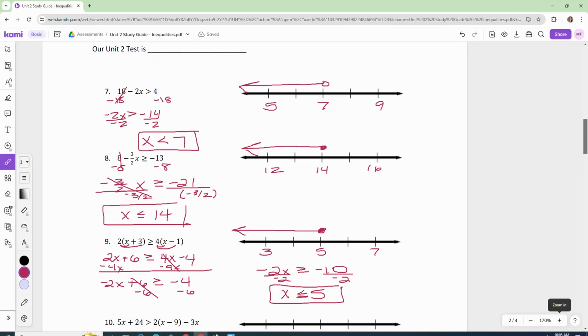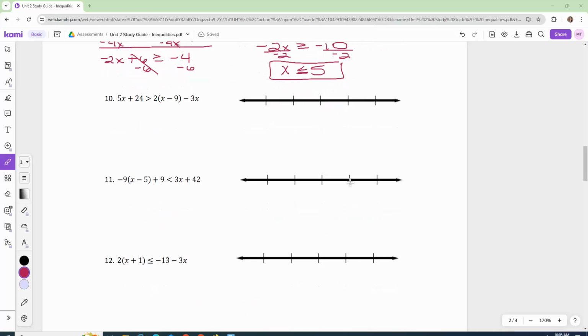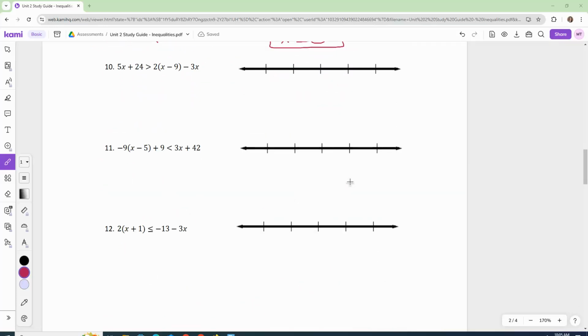Claire, could you tell me the first step for problem 10? Good. So if we distribute that 2, we have 5x plus 24 is greater than 2x minus 18 minus 3x. Alright, one problem I've noticed is combining like terms.